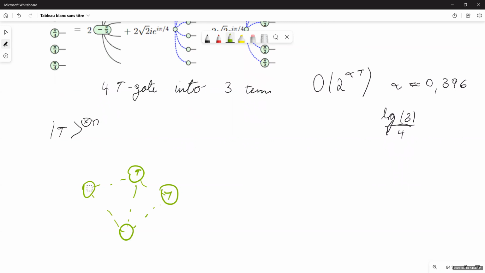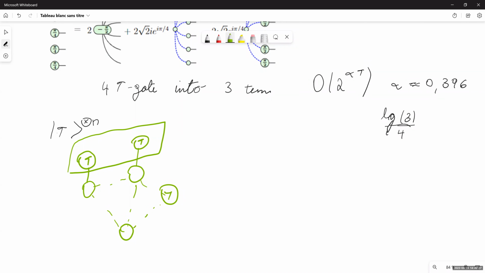For example, I can just take that away, put it here, and do the same for a spider. And then this is the T to the n that I was looking for. So you can always apply this decomposition, and we have a good way to do it. However, for some states that have a bit more structure, we have better decompositions than this.